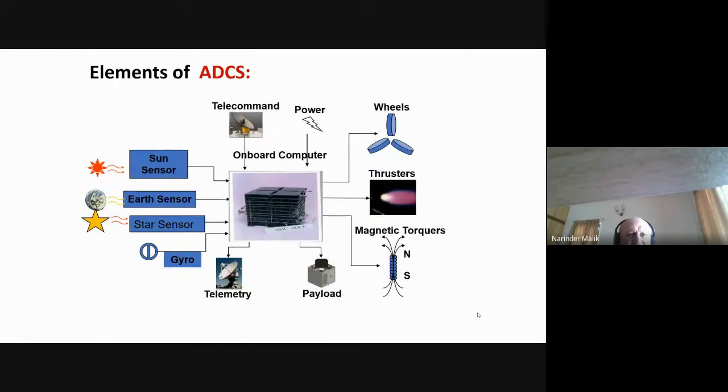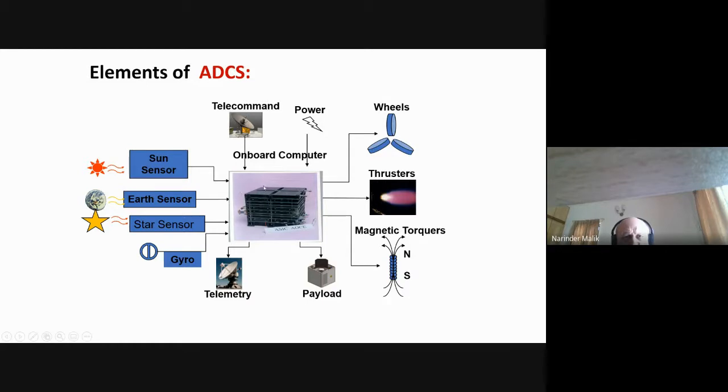These are the elements of ADCS. The central element is the onboard computer, which receives the information from the telecommand system to carry out whatever desired functions. It receives power from the power system and receives data from various sensors: sun sensor, earth sensor, star sensor, gyros.